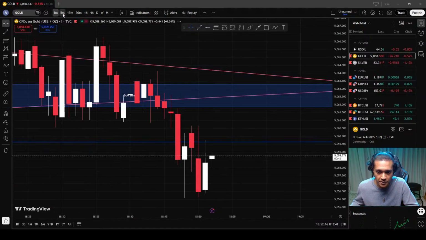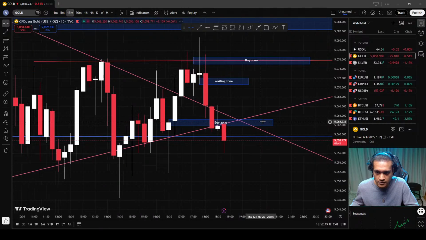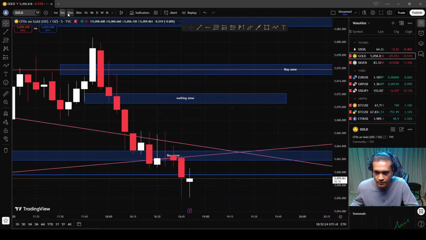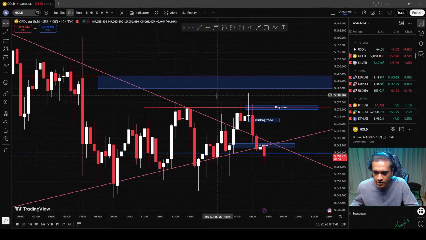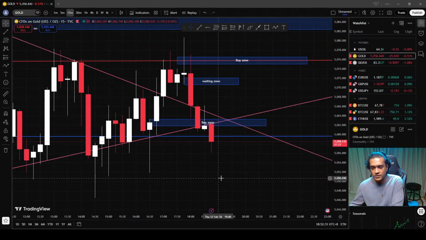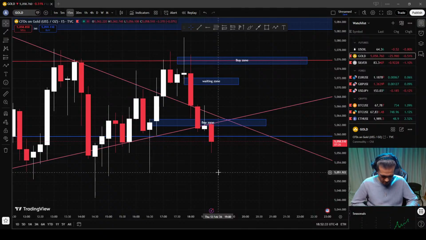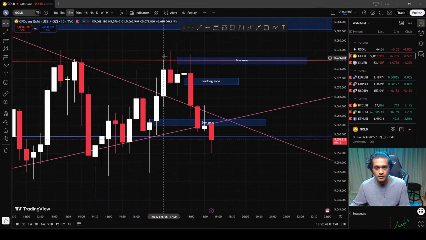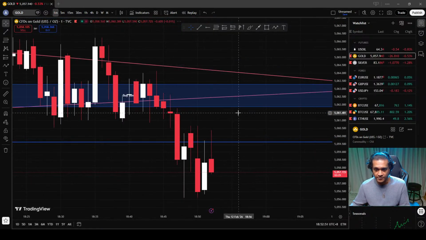Now coming to our support area here. Now we make a breakout towards our support. So usually when it makes a breakout to our support, we wait for this candlestick to close and we're gonna look for a potential setup. Don't tell me the price disrespected, man.